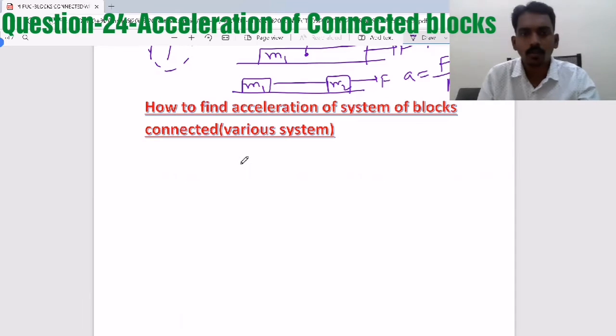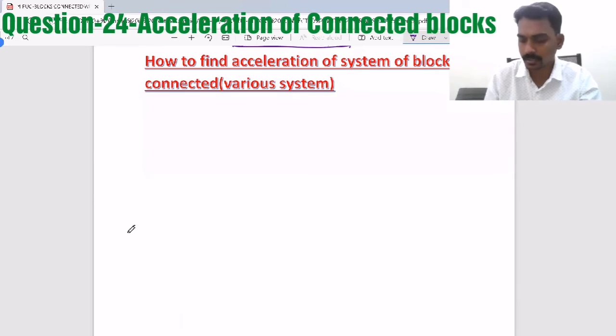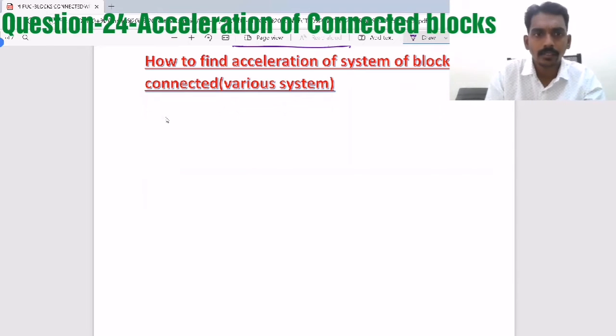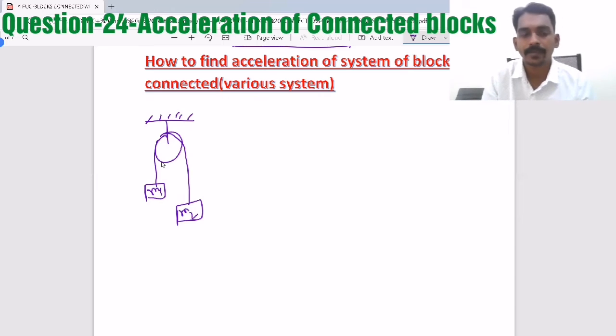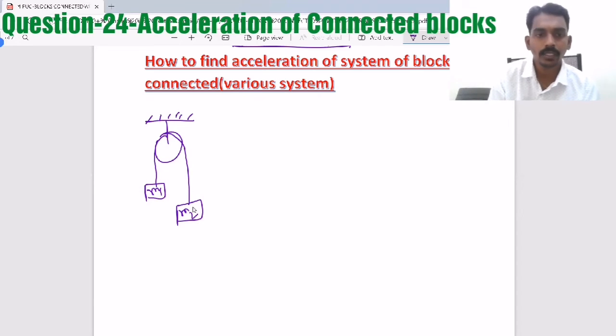Now, the next thing is how to find the acceleration of a system of blocks connected, in various systems. First one is Atwood's machine, like two blocks connected to a single fixed pulley, passing over the pulley as shown.